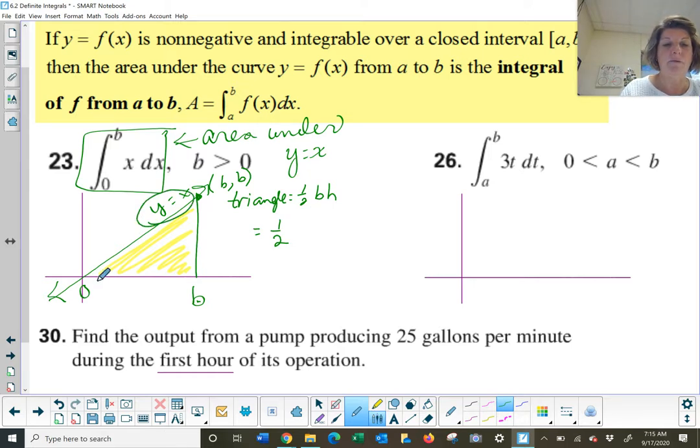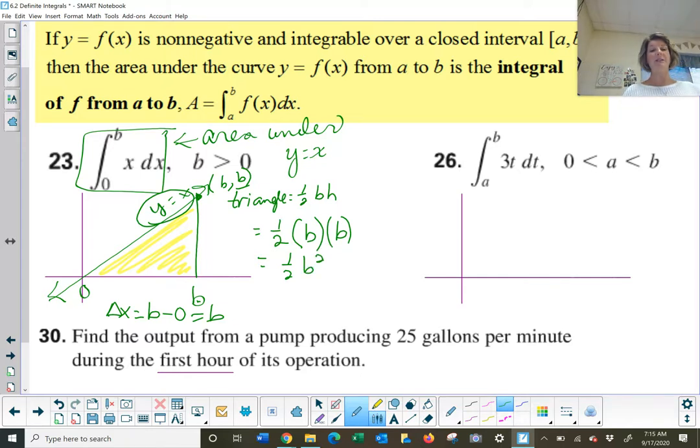And my width, my delta x here, will be b minus 0. So that would give me b, or the base. So I'd have 1/2 the base times the height. So it looks like we have 1/2 b squared as the answer to problem 23.